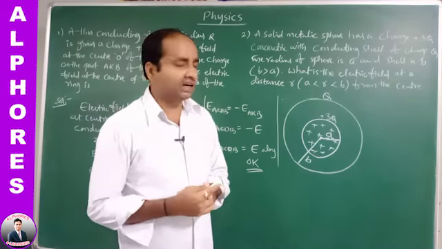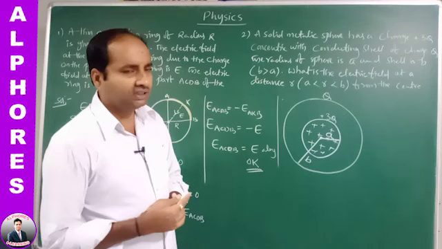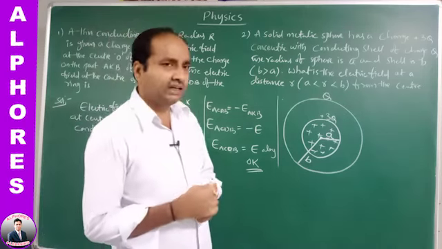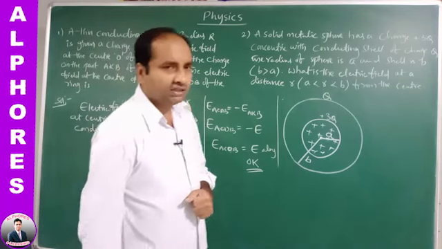We need to find electric field intensity at a point, at a distance r, the value will be greater than A and less than B from the center.